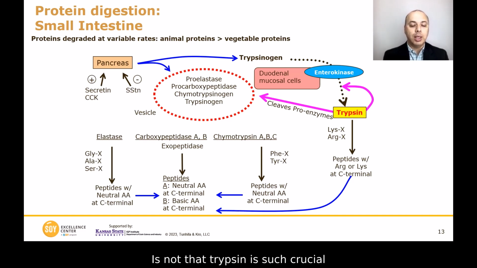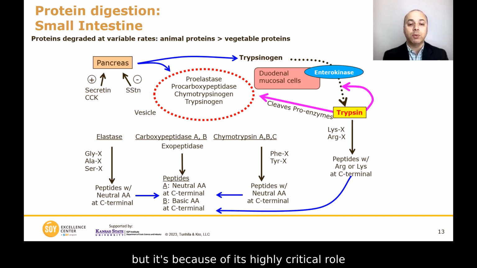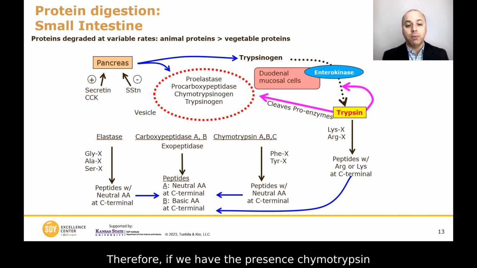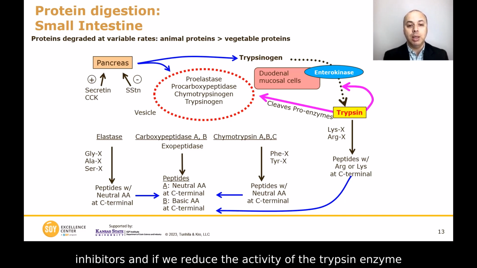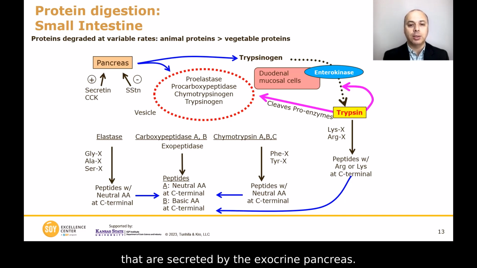It's not that trypsin is so crucial in terms of all the work that it does by itself in protein digestion, but because of its highly critical role in activating all the proteases that come from the exocrine pancreas. Therefore, if we have the presence of trypsin inhibitors, and if we reduce the activity of the trypsin enzyme, by default we're reducing the activity of all the proteases that are secreted by the exocrine pancreas.